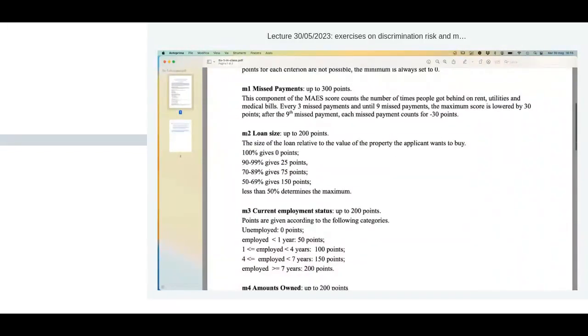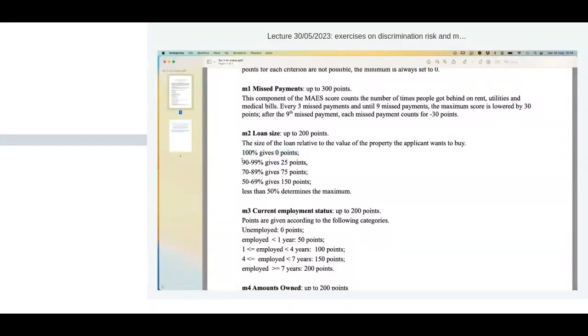Then loan size, the size of the loan relative to the value of the property the applicants want to buy. So if the house costs, let's say, $100,000, and you ask for all the $100,000, you get 0 points here.